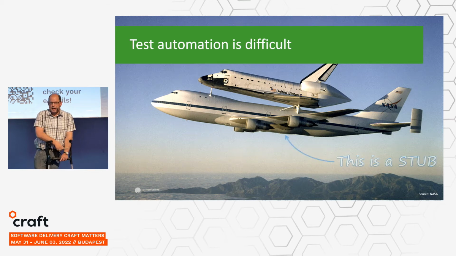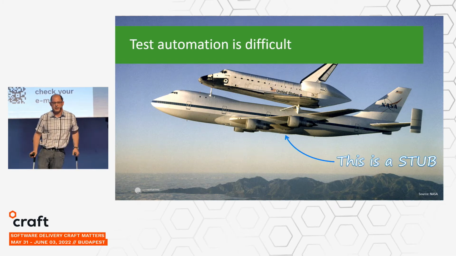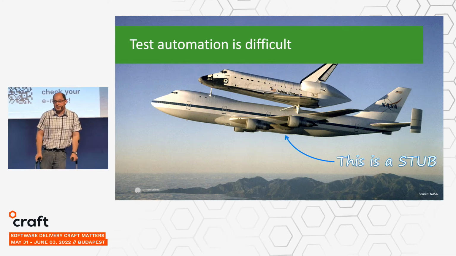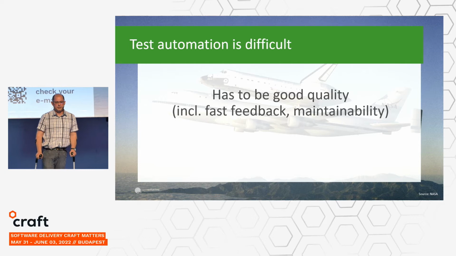So actually, at that time in 1977 they introduced something which we now call a stub, right? That's a practice that we are also using for testing. So test automation is difficult, and we have seen that the tests have to be of good quality, and of course there are many different quality aspects, but maybe two of them I would like to highlight.